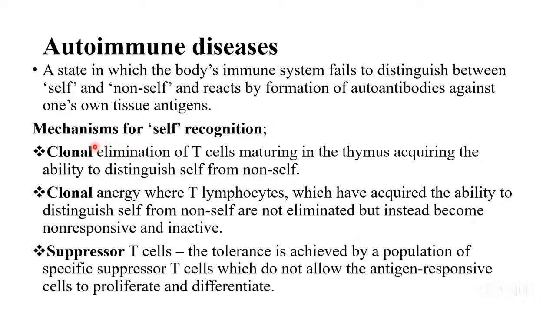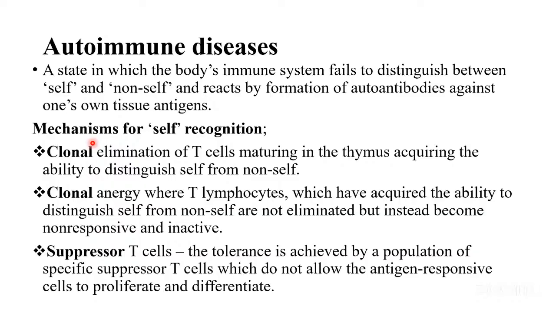There is clonal elimination. By the way, T cells are trained in the thymus gland before they are released into circulation to go and affect the immune system, both cellular, and they also help the B cells. The T helper cells help the B cells produce antibodies.